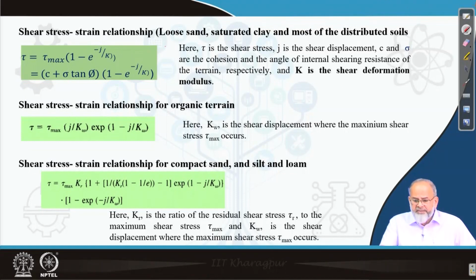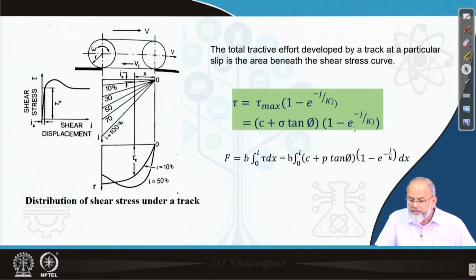So once you finalize this, then we have to find out the shear thrust force developed. Suppose, for example, we take the relationship for loose sand or saturated clay, where tau is equal to tau max into 1 minus e to the power minus j upon k.